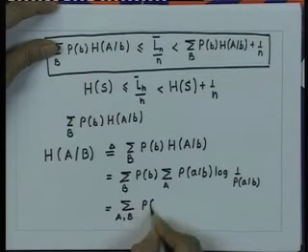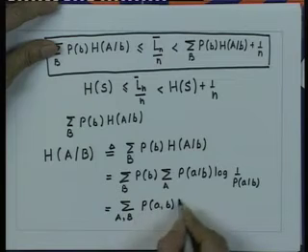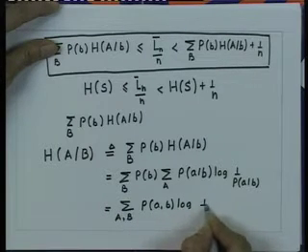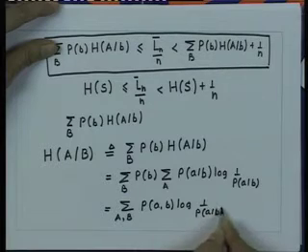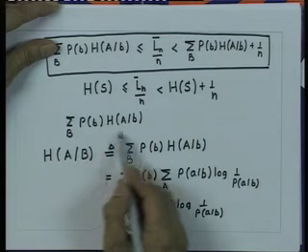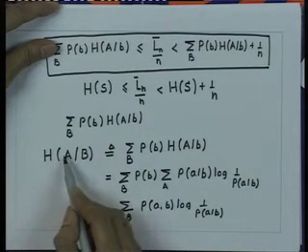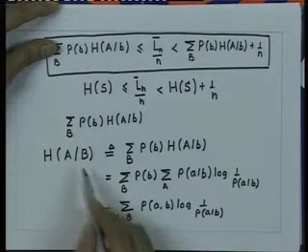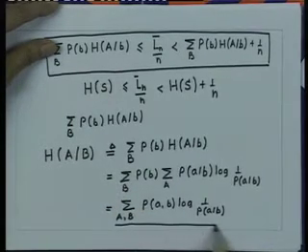This is equal to the joint probability of A and B times log of 1 over probability of A given B. So, this quantity is by definition equal to H(A|B), and that simplifies to the expression shown here.